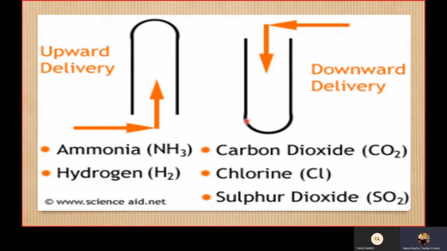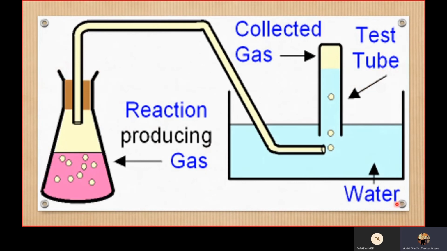Through downward, heavier gases can be collected, like CO2, chlorine, sulfur dioxide, right? And the last one, the displacement of water. We can collect those gases which are insoluble in water. Soluble gases cannot be collected.